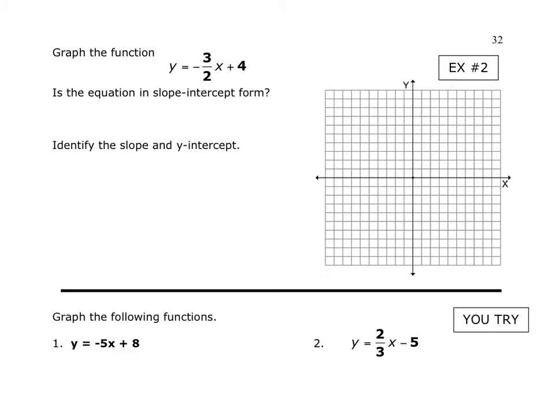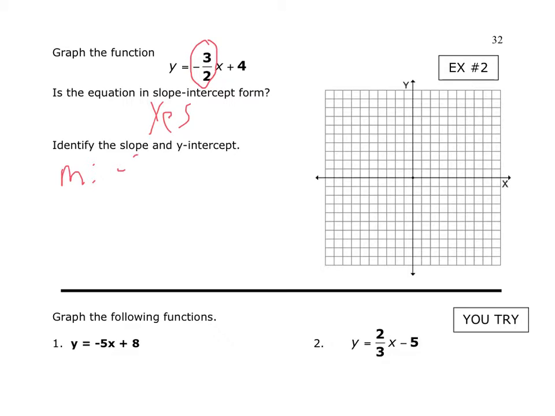Let's try another one. This time, is our equation in slope-intercept form? It's in y equals mx plus b form, so we are in good shape. Yes, it is indeed in slope-intercept form. Let's identify the slope and the y-intercept. Our slope is always m, the coefficient in front of x.